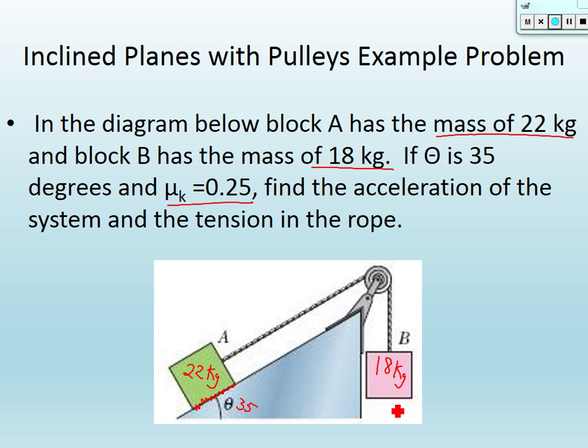Let's start with block A. What is the easiest place to start, guys? Force of gravity. Okay, comes straight down. Then what I like to do is draw in the normal force here. The normal force comes perpendicular to the ramp, so it should make a right angle right there.